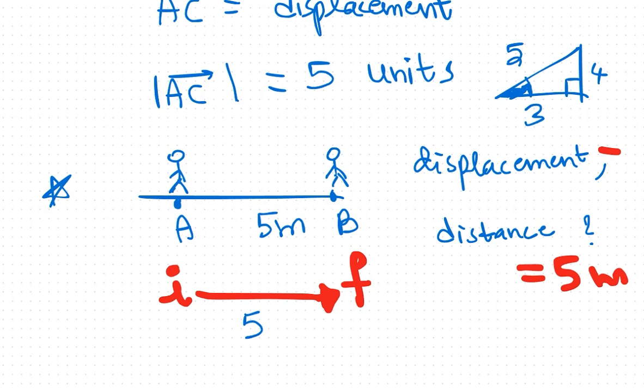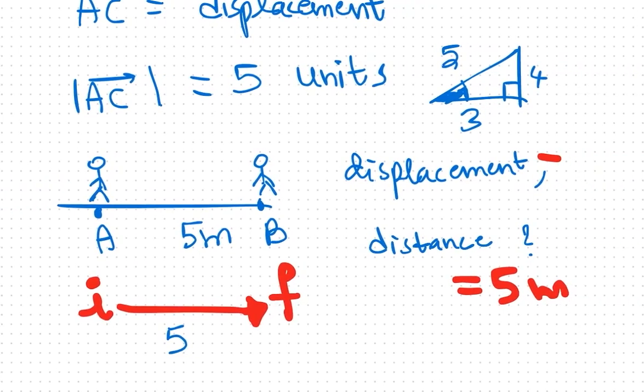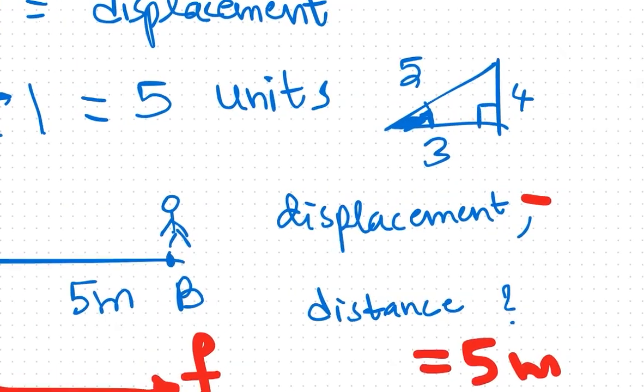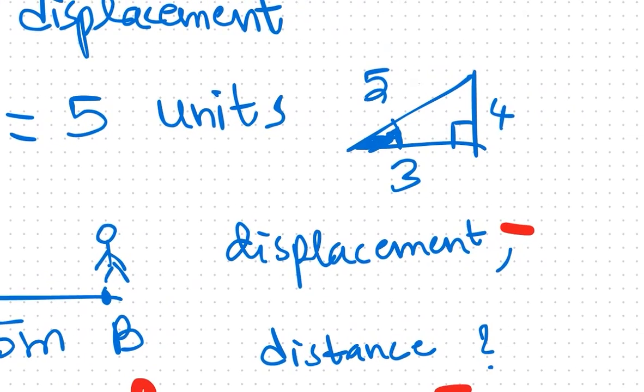Well, there is a theory in triangles: the angle opposite to the larger side is larger. This is 4, but this is 3. For 4, the opposite angle is this, right? For 3, the opposite angle is this.